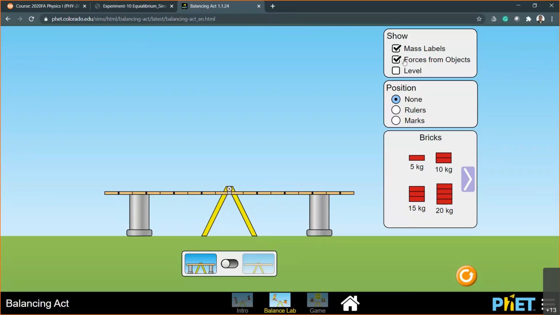Forces from objects, you can click that. Level, click on that. Then you will see 2 arrows appear. Those 2 arrows are telling you the exact horizontal line, like the x-axis, for example. Then below that, it says none right here for the position. Click on the ruler there. Select the ruler there. Then you can see a ruler will appear.